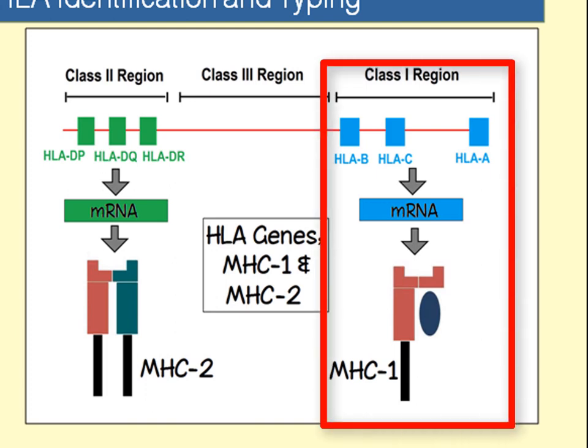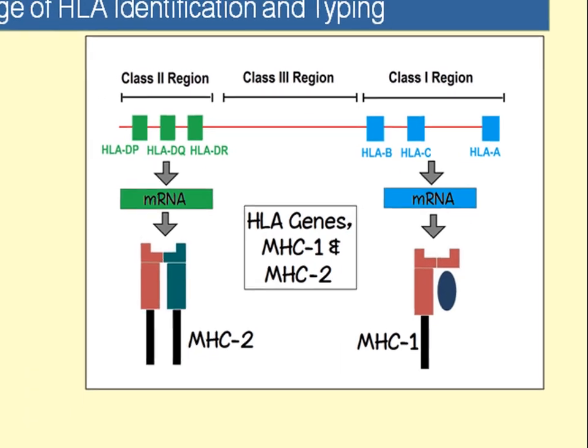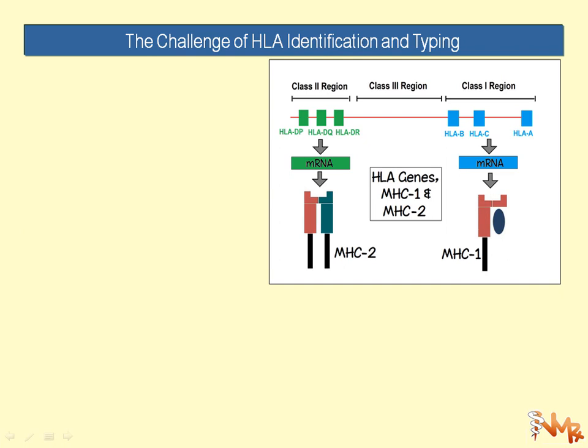On the other hand, all the nucleated cells have the genes for MHC1, and again, HLA-B, HLA-C, and A are the genes that provide information for MHC1.